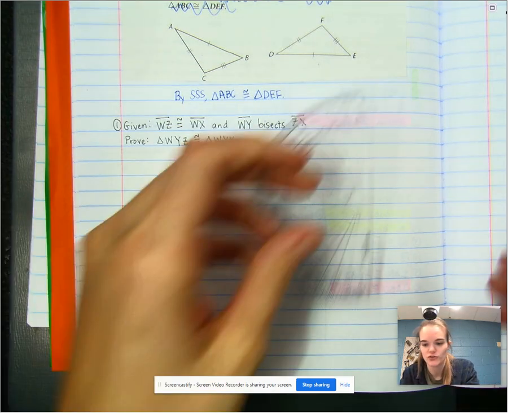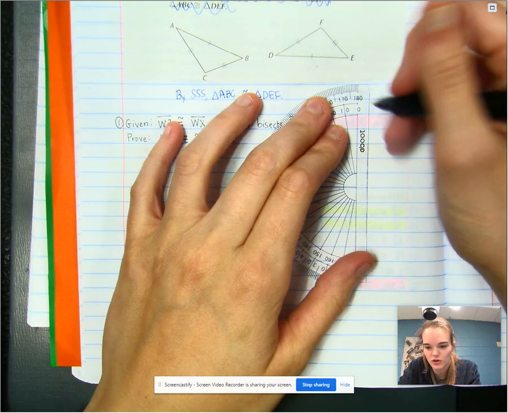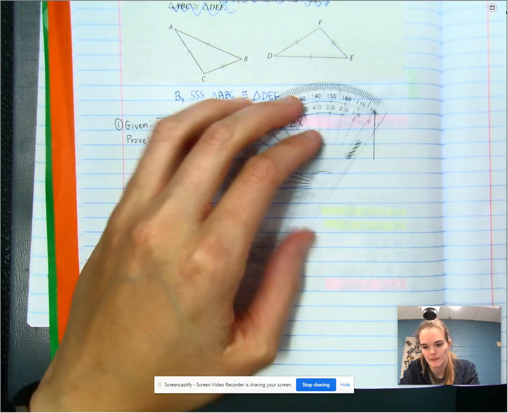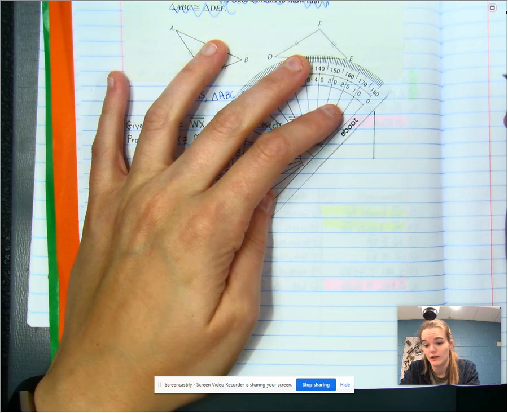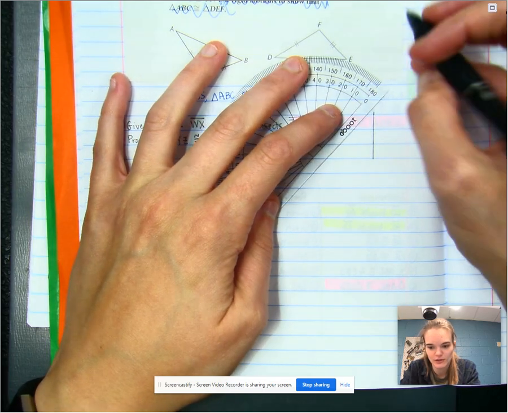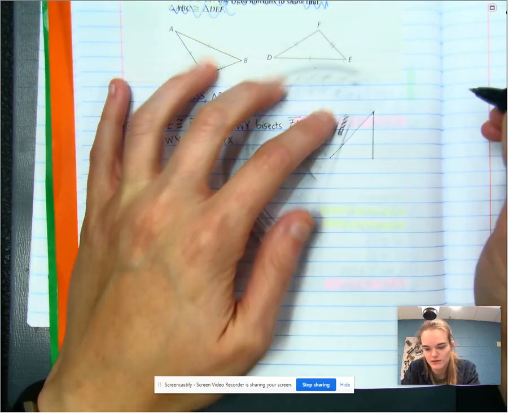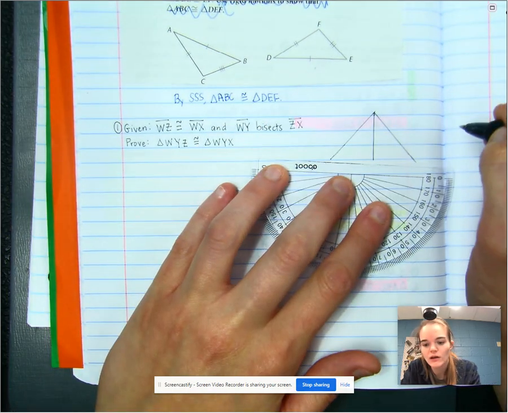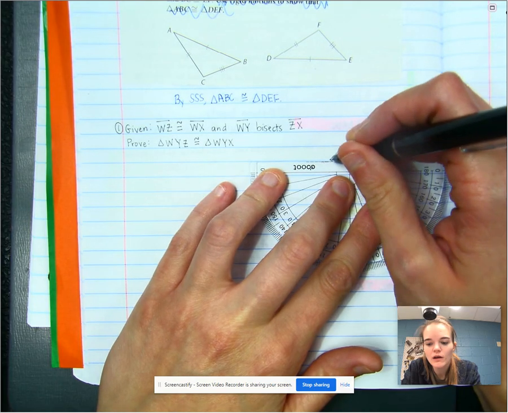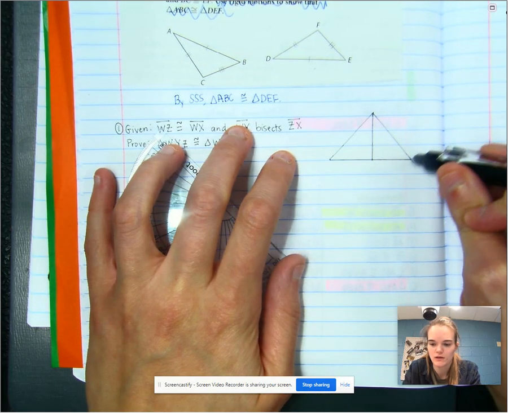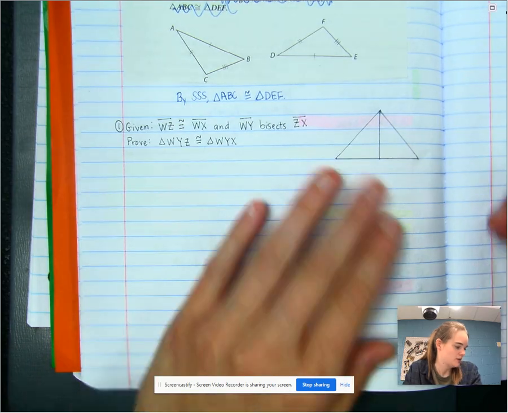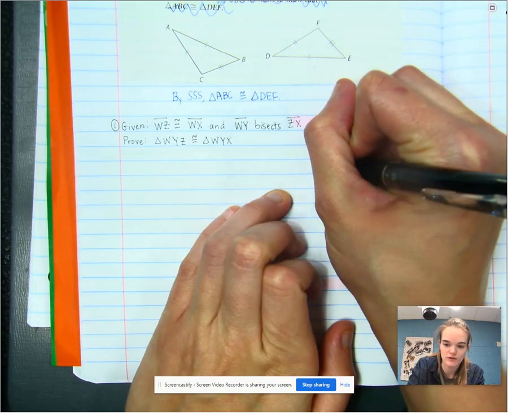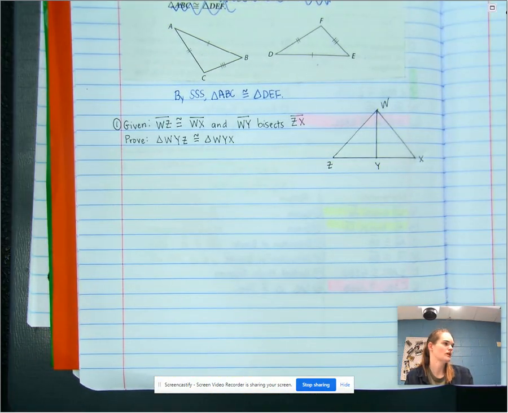Okay, here's why you need your straight edge. Once you draw a triangle about 3 lines long, not a triangle, a segment there. Okay, we're going to label it W, X, Y, Z. There's our problem.